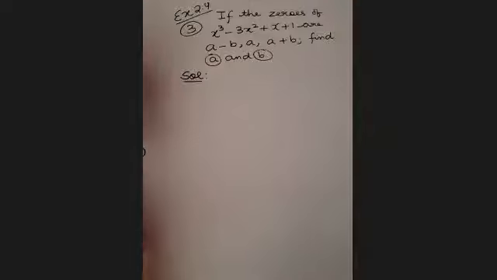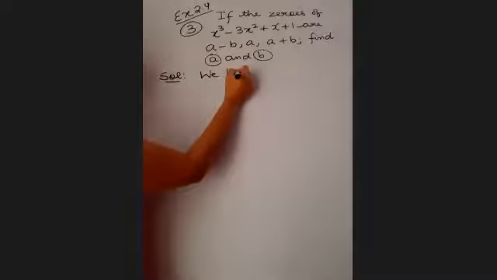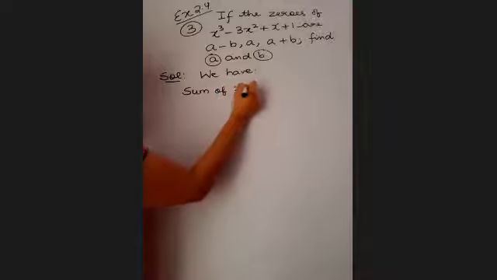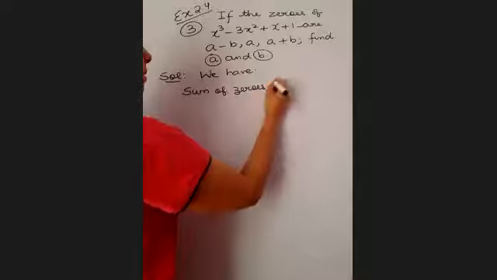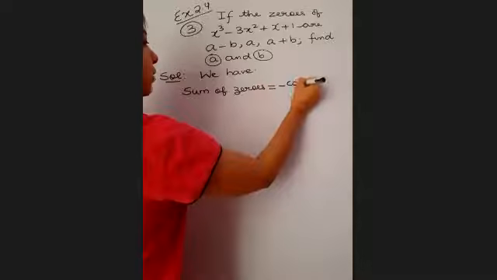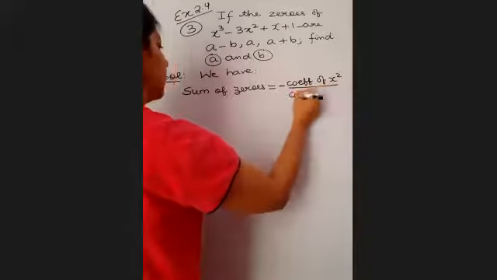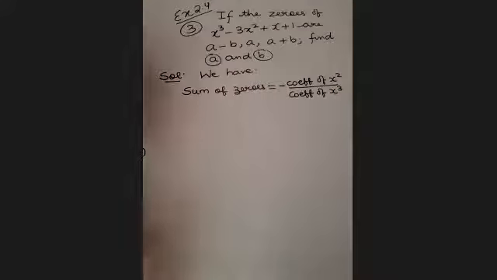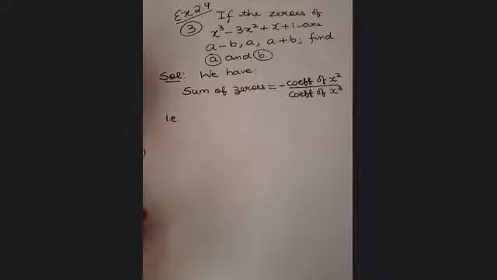So first of all, I know the sum of zeros, which is given by minus coefficient of x square divided by coefficient of x cube.